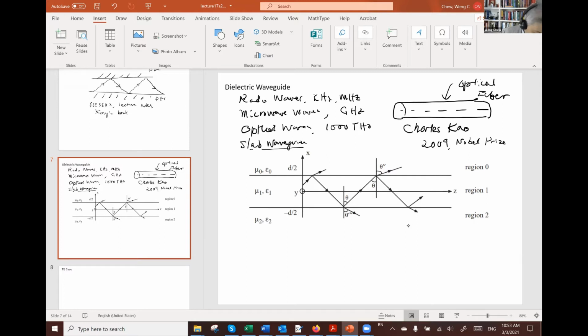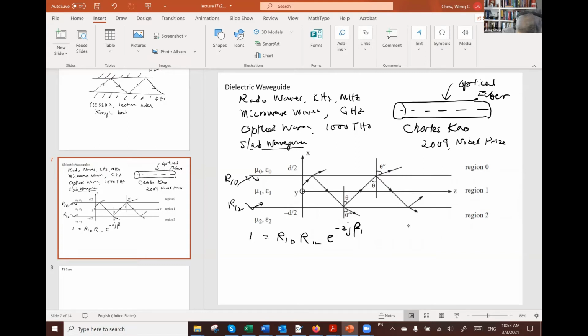And we can write down the guidance condition for this waveguide using what we have learned. So the guidance condition would be 1 is equal to R10. Let's assume that the reflection coefficient at this interface is R10, and then the other reflection coefficient is R12. Then we track the transverse phase.